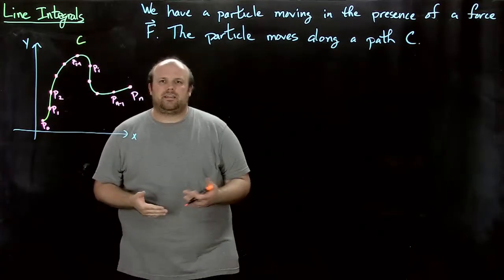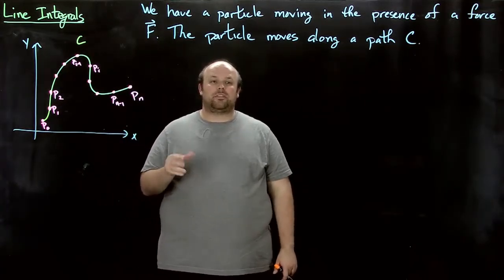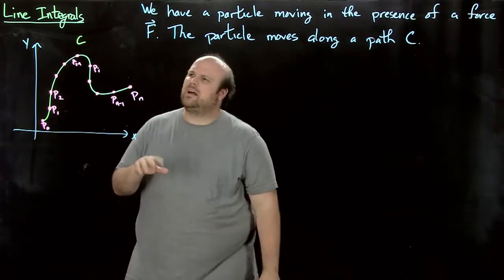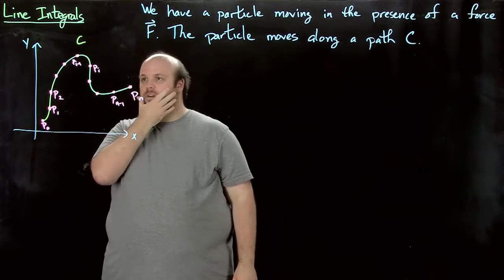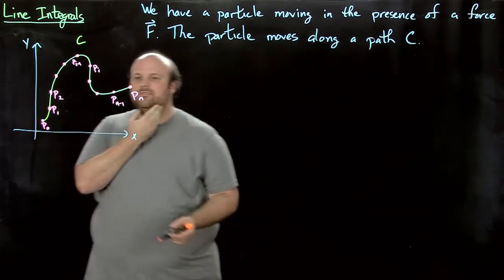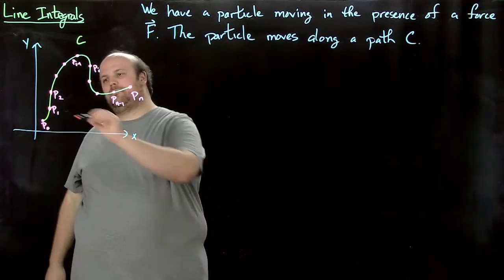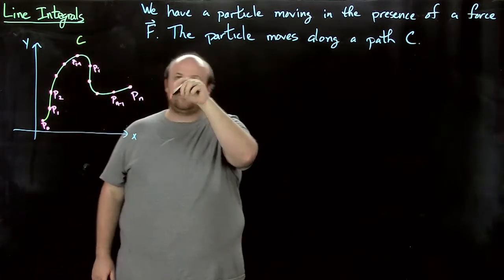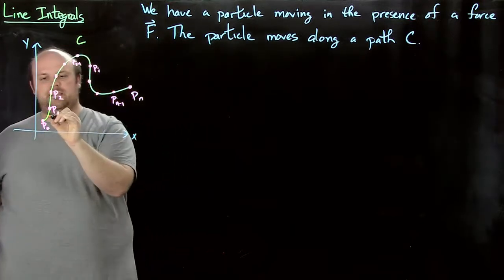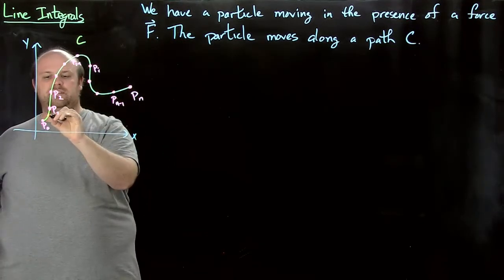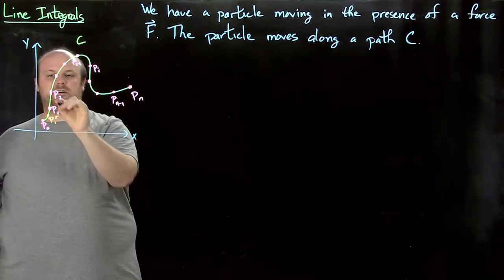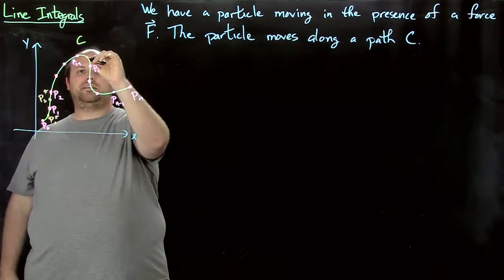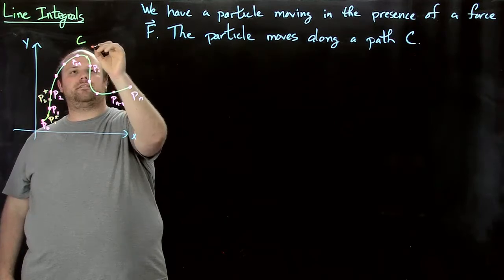So let's start by kind of coming up with a replacement for the displacement vector. Or actually, let's do the constant force first, right? So just like before, we're going to come up with the sample point inside each of these. All right? So let's say in between each one of these, we do like a P1 star, P2 star, and here, this one will be Pi star.